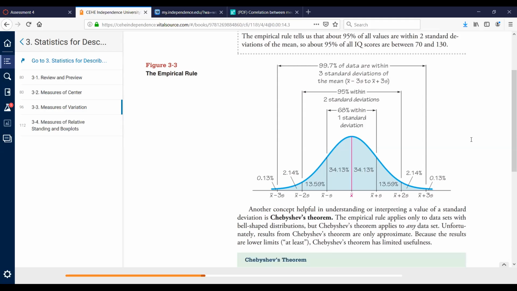Does that make sense? So a z-score is simply a measure of how many standard deviations your data point is away from the mean. The z-score is a good way to compare different data sets, also to compare without looking at the normal distribution and where your data point is in that normal distribution.